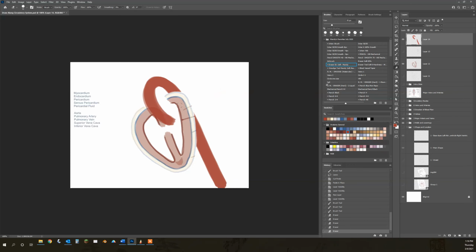So, coming off of the aorta, we have a few other blood vessels that kind of come off towards the top. And I'm going to just kind of outline these.